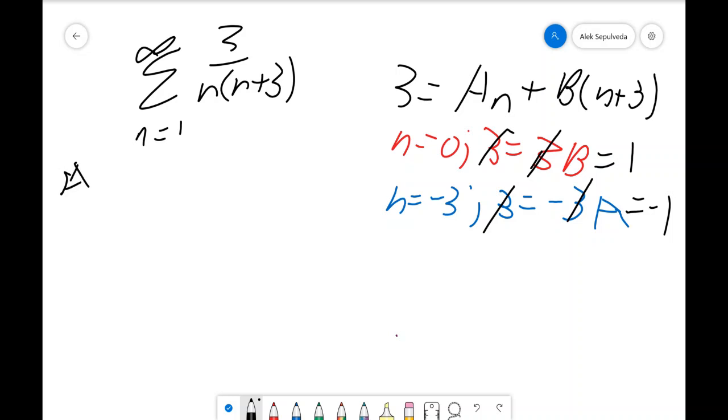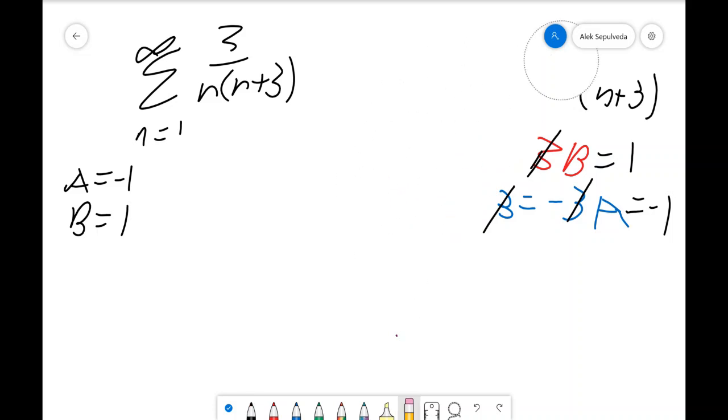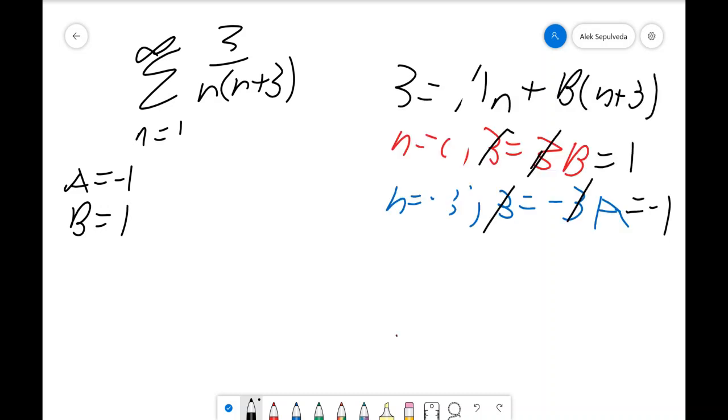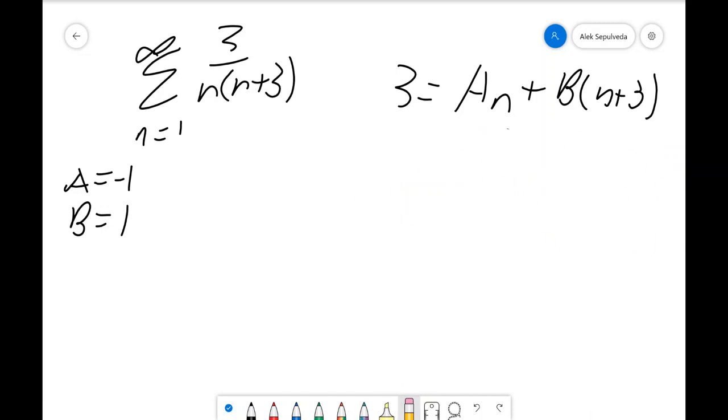So a equals -1, b equals 1. So we end up saying that this entire a sub n is equal to 1 over n minus 1 over n plus 3.